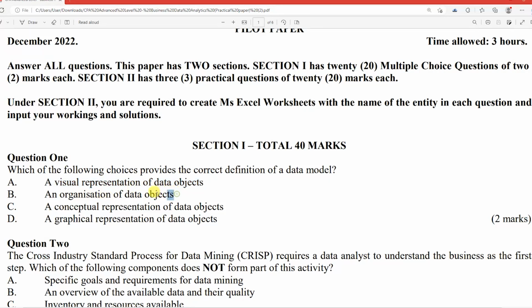Let us examine B, an organization of data objects. An organization of data objects is not the correct definition of a data model.